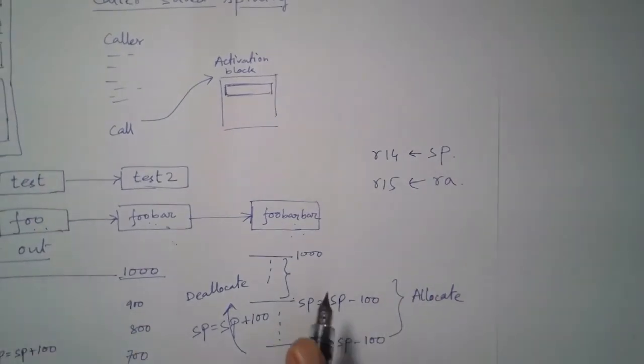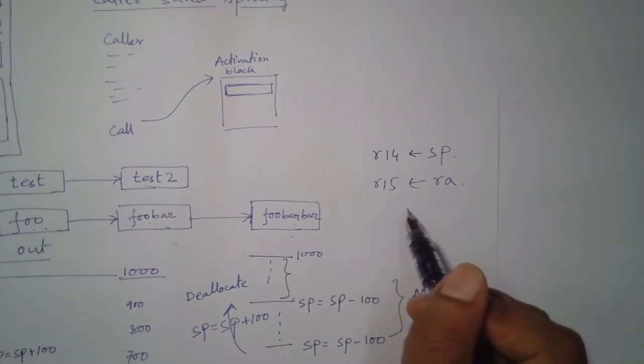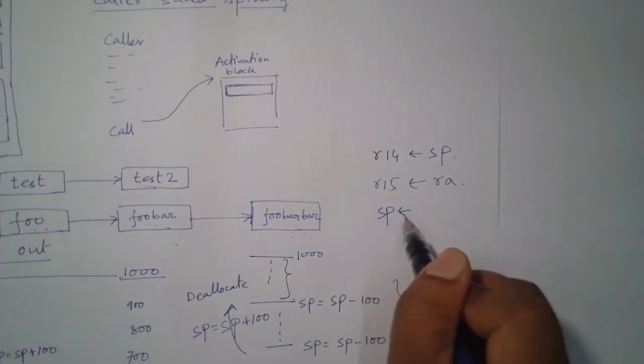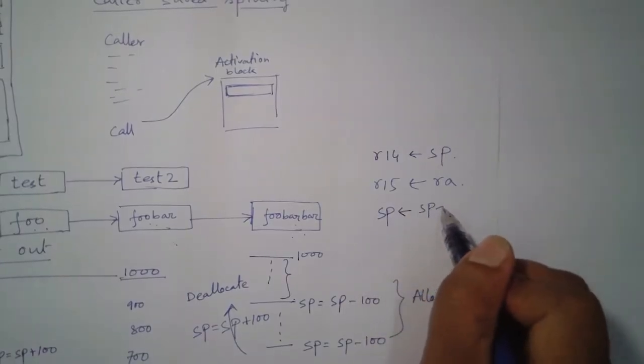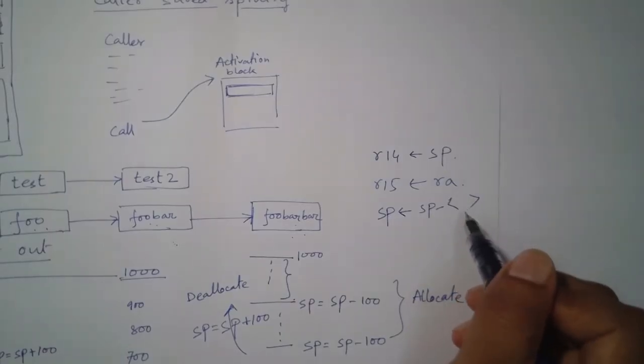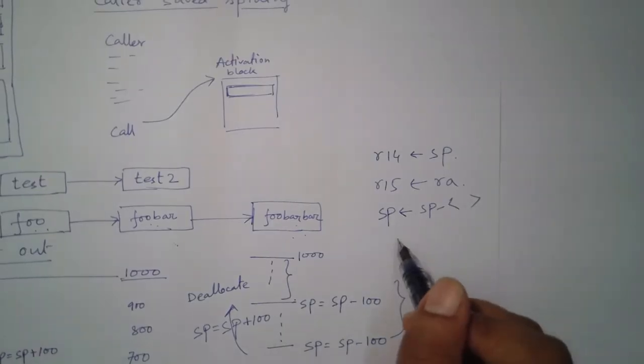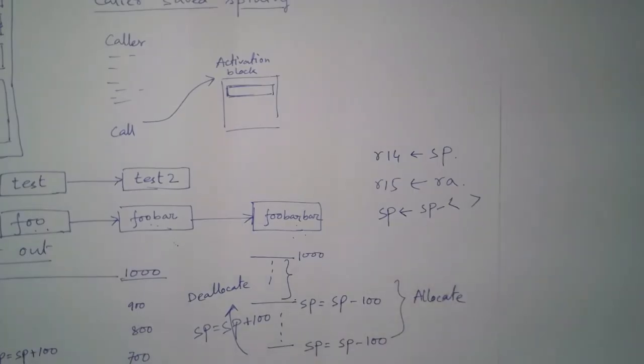For allocating an activation block, you will just update your stack pointer to the stack pointer minus the size of your allocation block. And for deallocating, as we have seen, you will update your stack pointer by adding that constant which is proportional to the size of your block. All right.